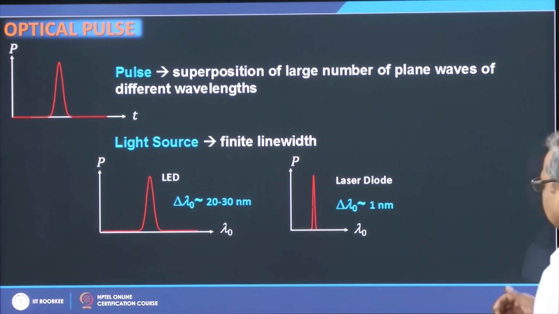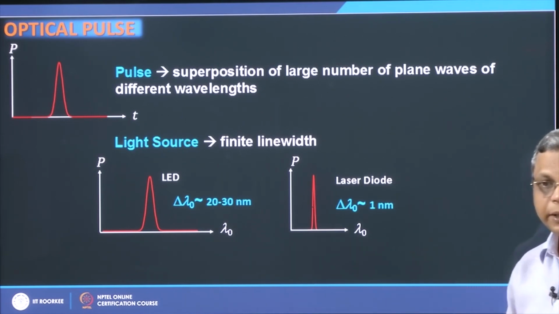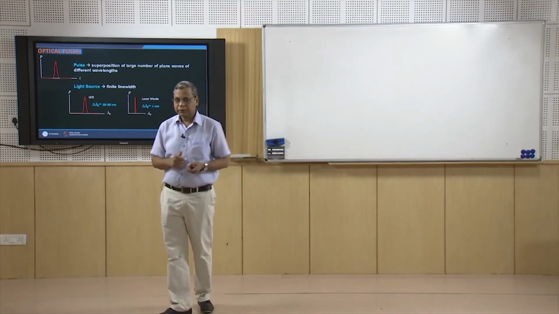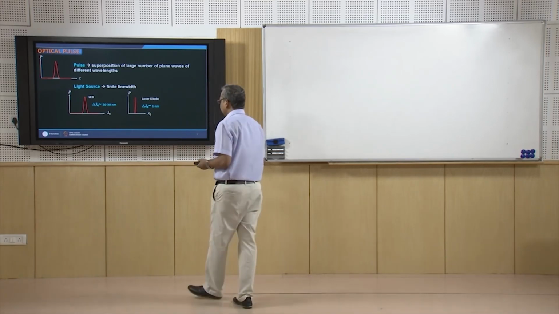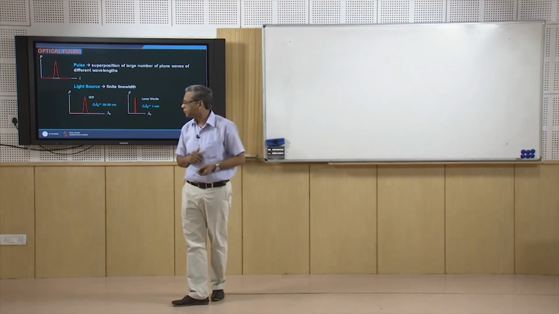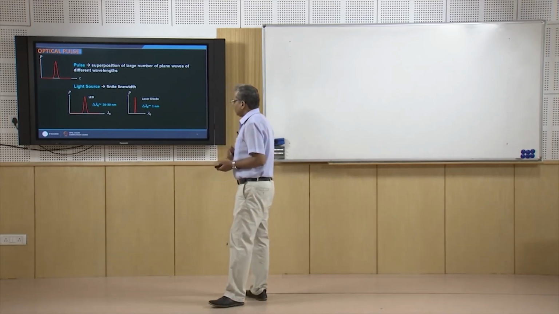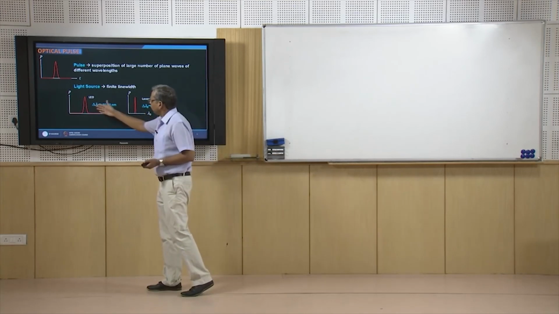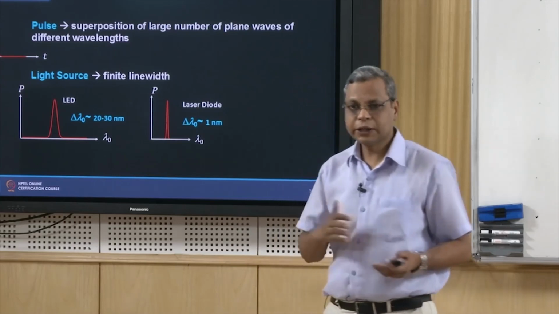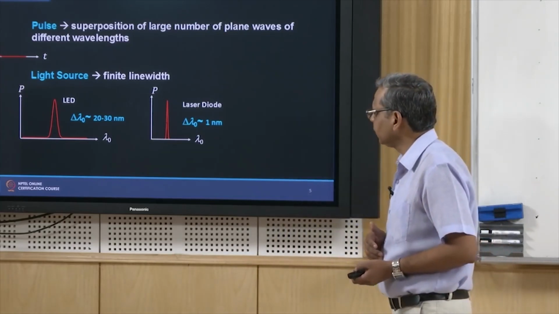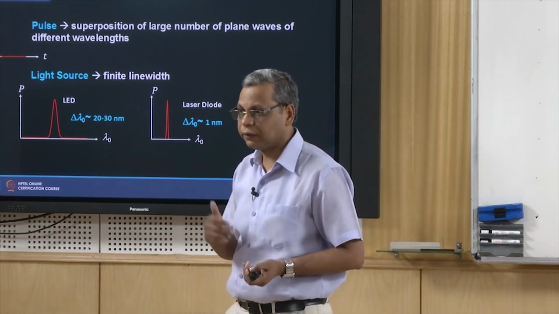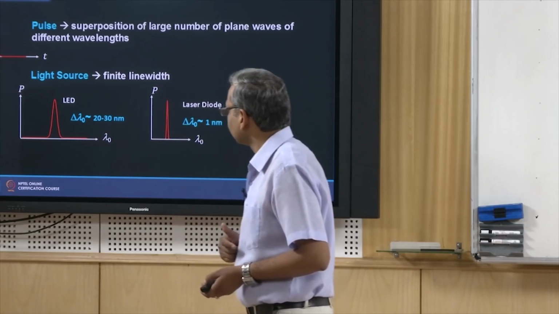Its line width can be of the order of a nanometer, and if it is a very good laser source, then it can be 0.1 nanometers or so. All the wavelength components which fall in the line width of these light sources would experience different refractive index of the material, and they will travel with different velocities, and that should give rise to dispersion.